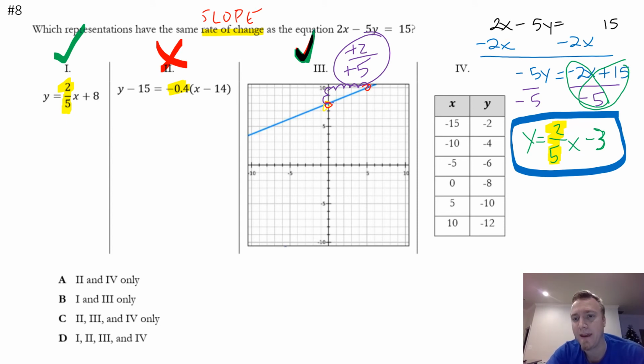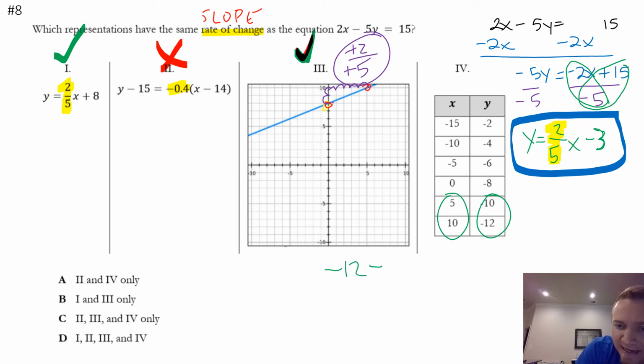Okay, and then Roman numeral 4 is a table. Remember, from a table, we just need to pick 2 points and think about change in y over the change in x. So my y values would be -12 minus -10. If it's subtracting a negative, remember, we can add. So that'd be minus a negative would be plus 10 over the change in x.